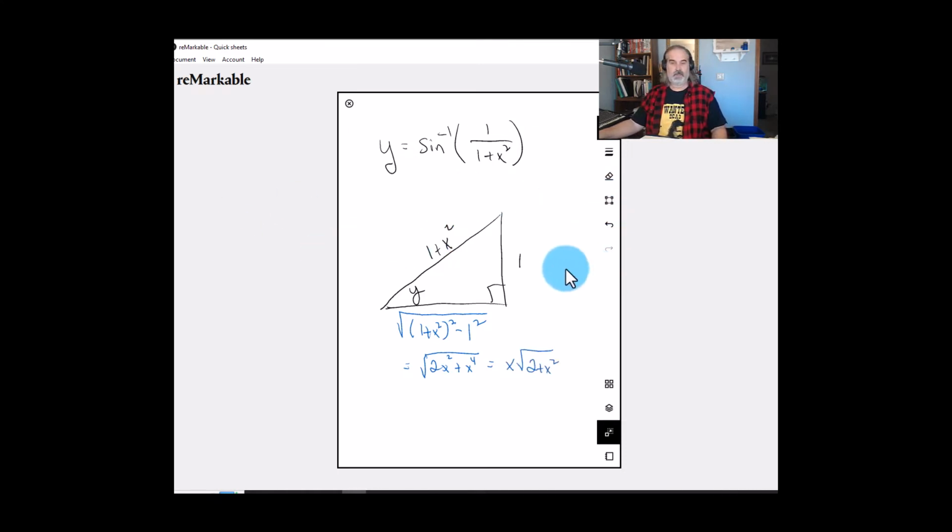Okay, so the secant of y is going to be, we'll see, cosine is adjacent over hypotenuse, so the secant is hypotenuse over adjacent. 1 plus x squared over x square root of 2 plus x squared.